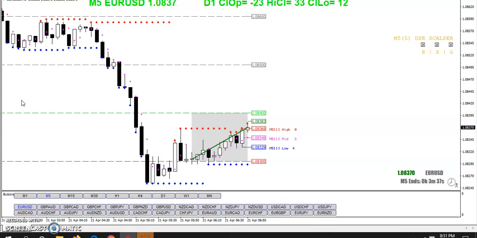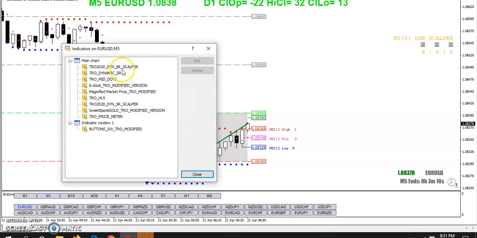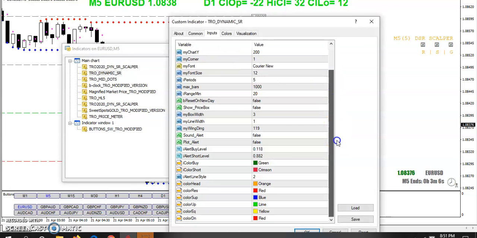This is something new, actually something old that I started revisiting, the dynamic support resistance and the mid dots. If many of you know about the dynamic support resistance indicator, TRO dynamic SR, it's pretty much standalone.